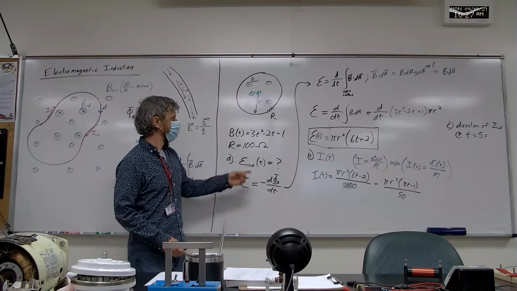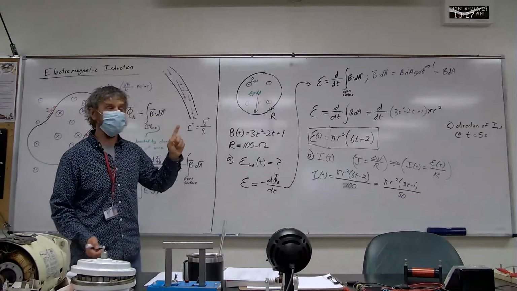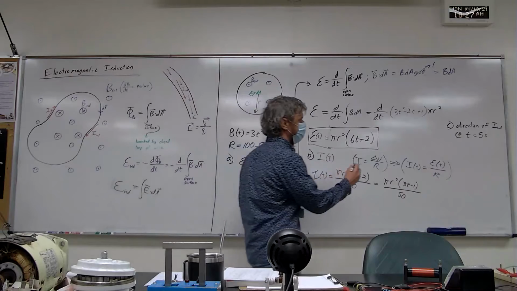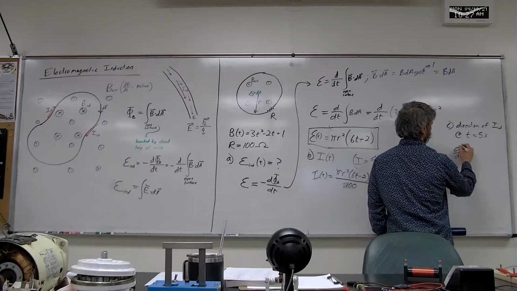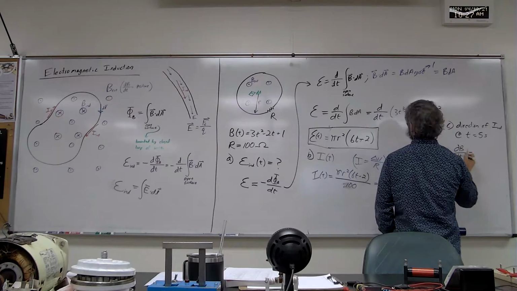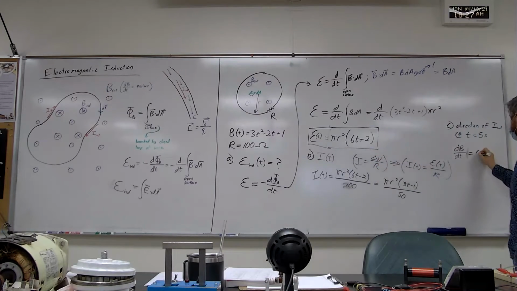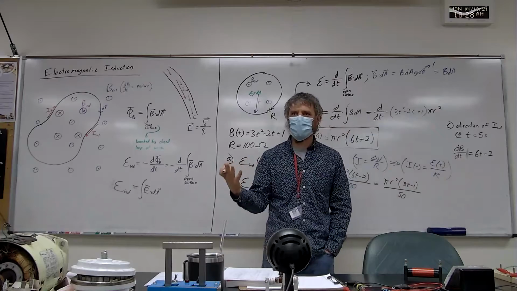Well, we do the derivative, right? We do the derivative of the magnetic field to get dB/dt. dB/dt is going to be what? 16 minus 2. And dB/dt is the rate of change.